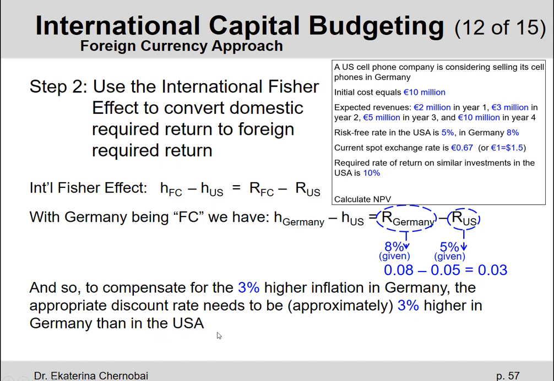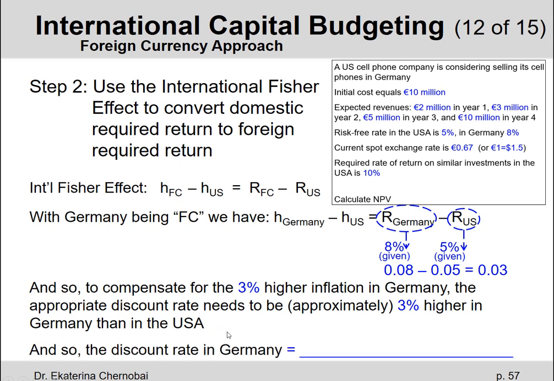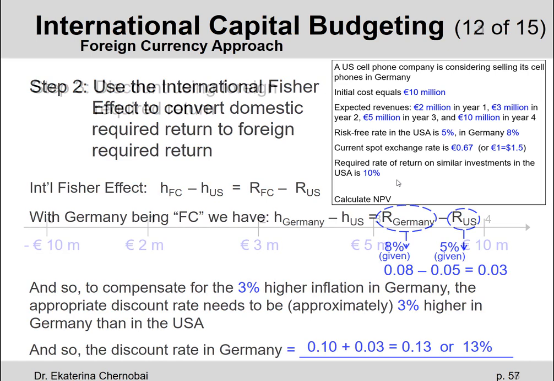And so what this means for the discount rate in Germany is that it should be 3% higher than the discount rate in the United States. In the United States, the discount rate is 10%, which is given. We add 3% from the calculations we just did, and we get 13%. So 13% is the proper discount rate for similar investments in Germany. And that's what we use in step 3.